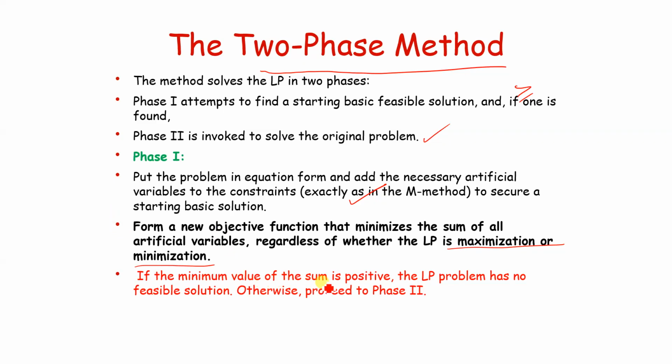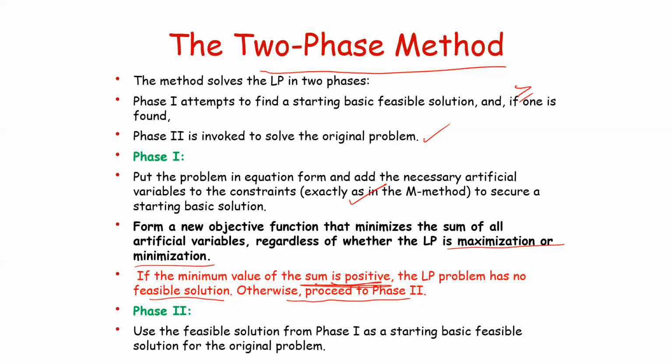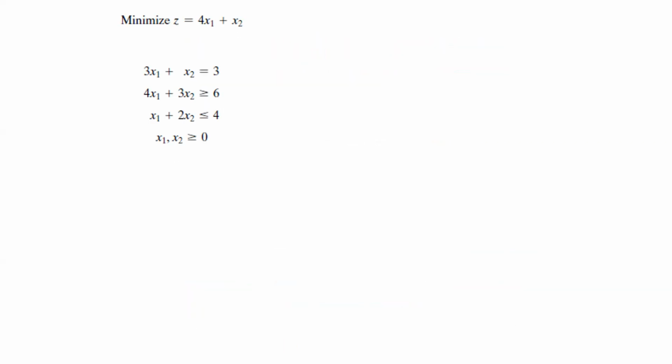If the minimum value of the sum by the end of phase one is positive, then the LP has no feasible solution and we stop here. Otherwise, we proceed with phase two. In phase two, we use the feasible solution from phase one as the starting basic feasible solution for the original problem. Let's learn the process step by step with the help of an example.